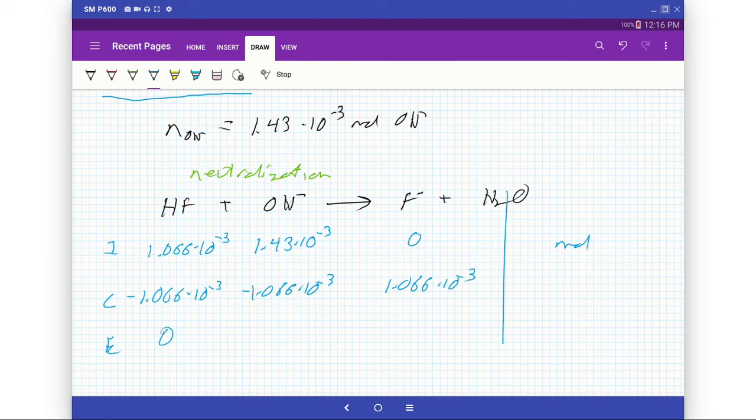That goes down to 0. And fluoride, of course, is easy to do. The center one leaves us with 3.64 times 10 to the minus 4 moles of hydroxide.